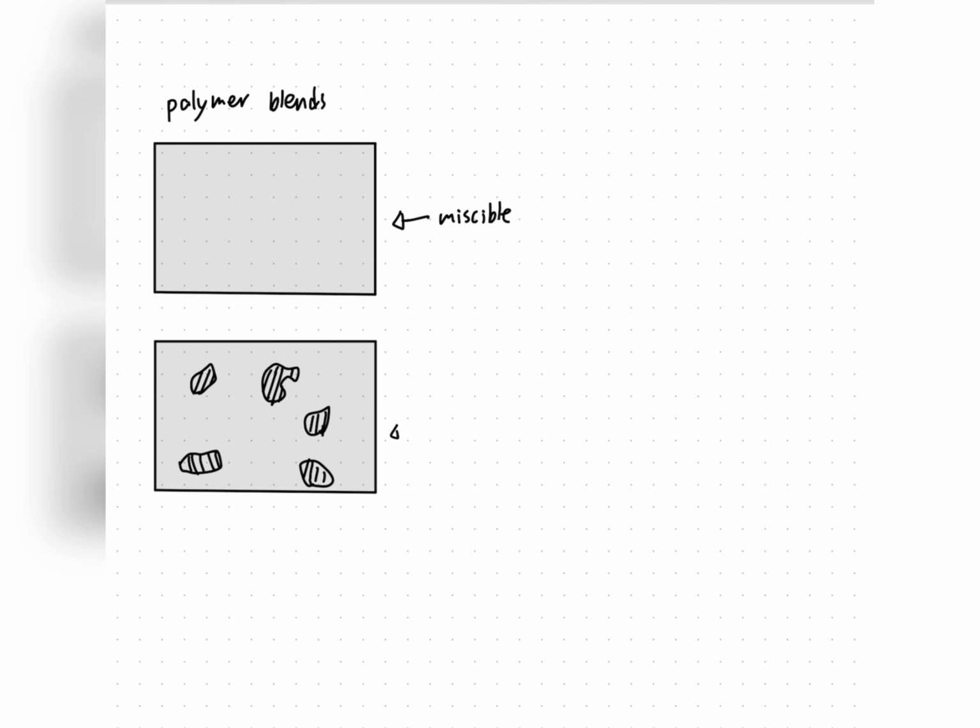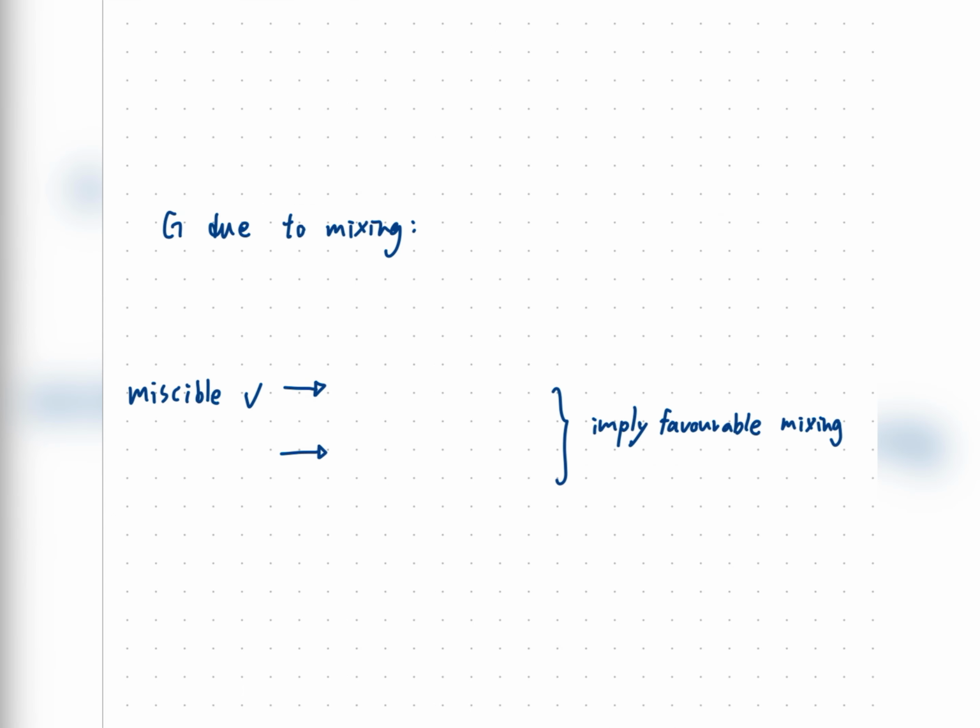Polymer blends can be miscible or immiscible. To determine the miscibility, we look at the Gibbs free energy due to mixing, where Hm and Sm are enthalpy and entropy of mixing at a given temperature. The polymers in the blend are only considered miscible if two conditions are met.